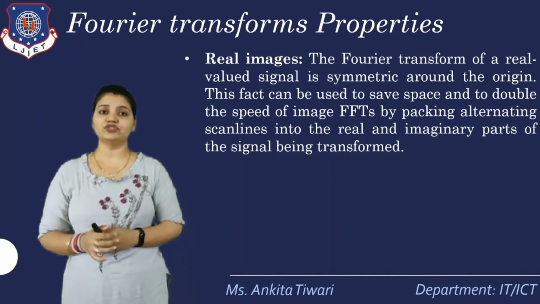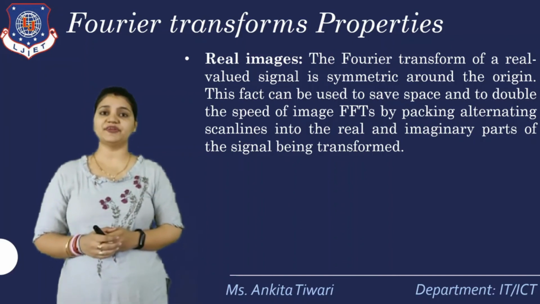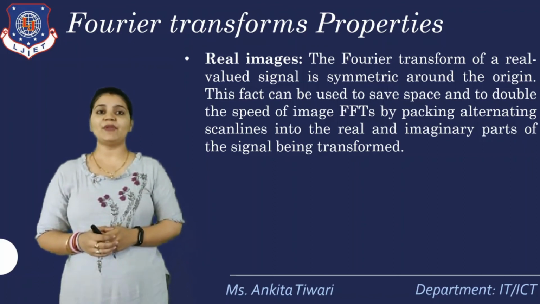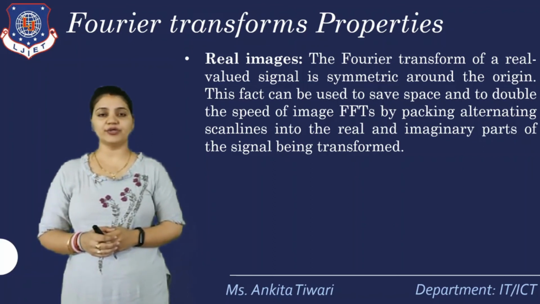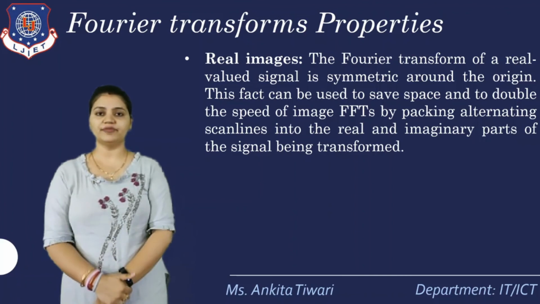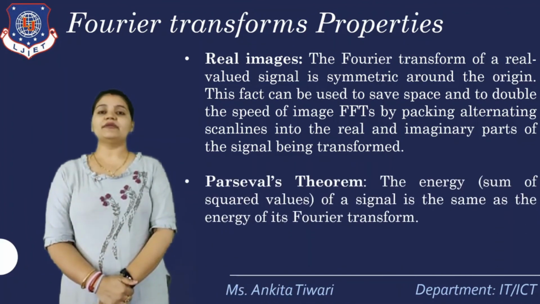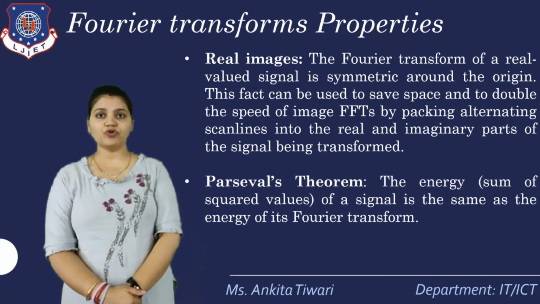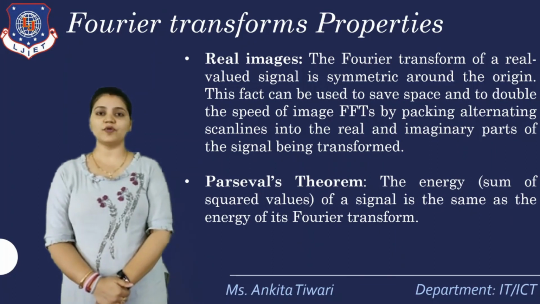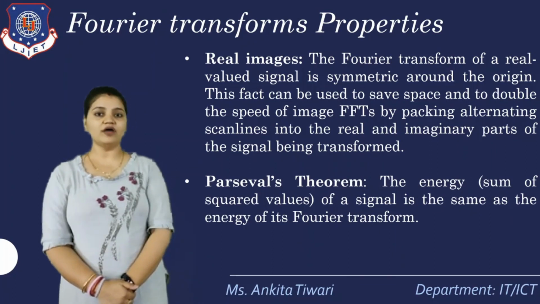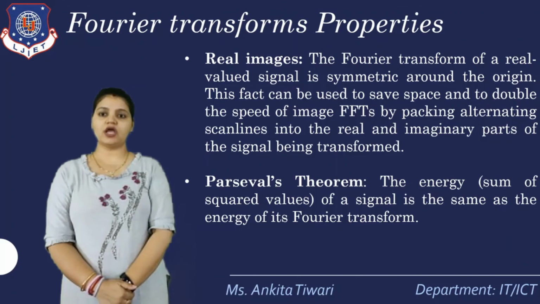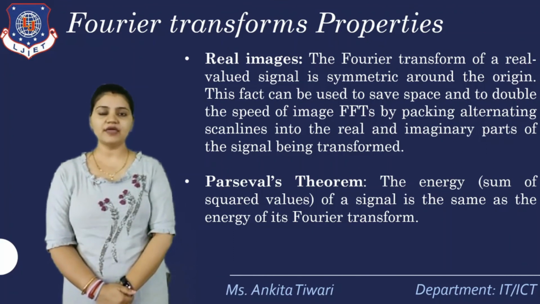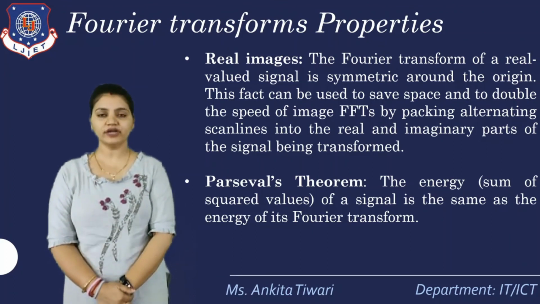This fact can be used to save space and to double the speed of image FFTs, by packing alternating scan lines into the real and imaginary parts of the signal being transformed. And Parseval's theorem, the last property of the Fourier transform: the energy, that is the sum of squared values of a signal, is the same as the energy of its Fourier transform.